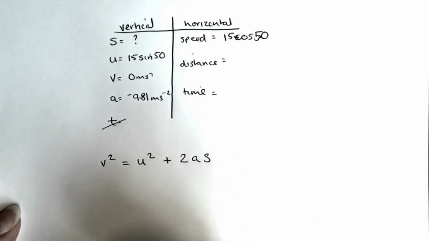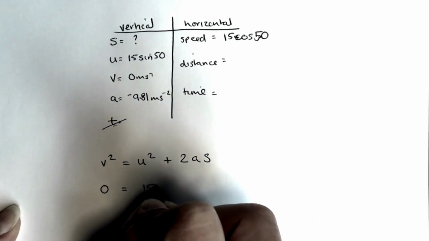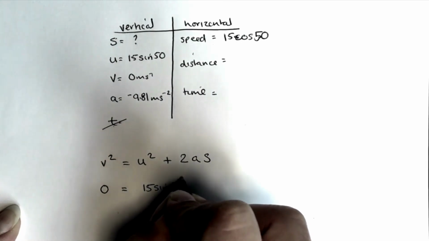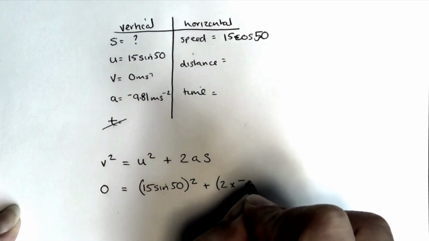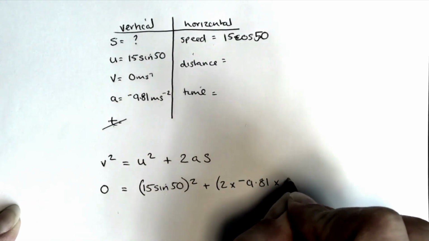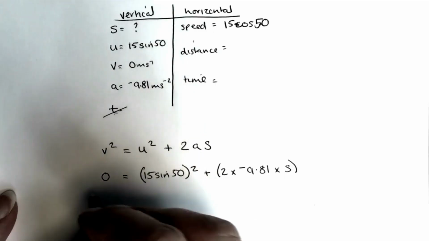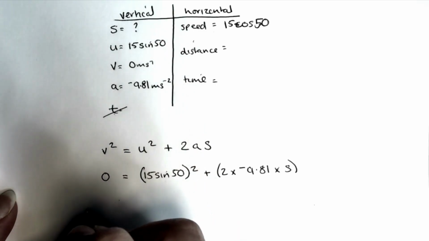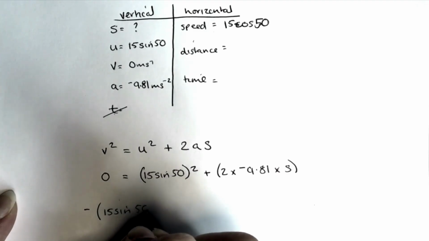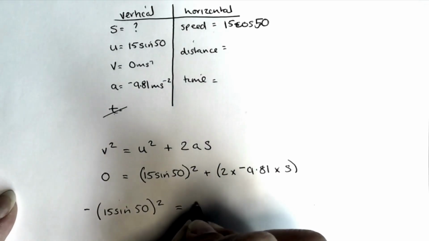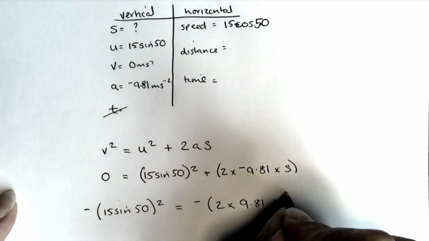We put the data in. So v squared is 0 equals (15 sin 50) squared plus 2 times minus 9.81 times s. We can take this quantity over to the other side. So we've got minus (15 sin 50) all squared equals minus 2 times 9.81 times s.